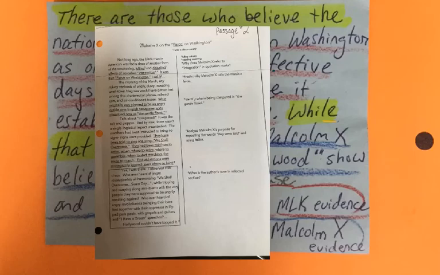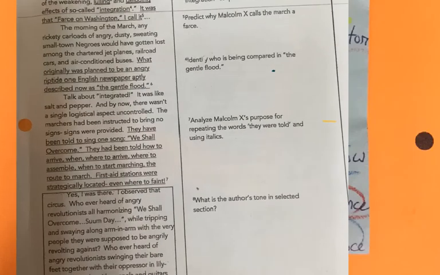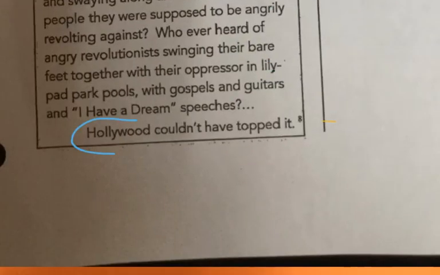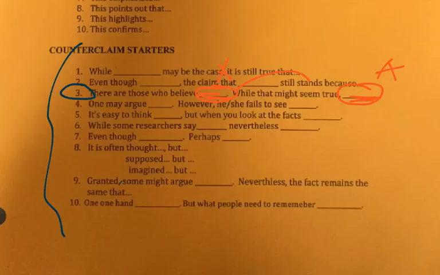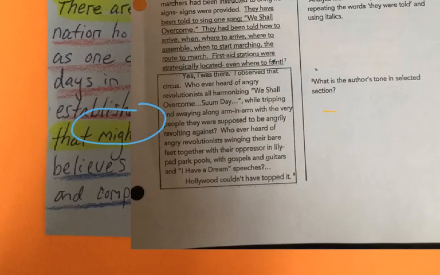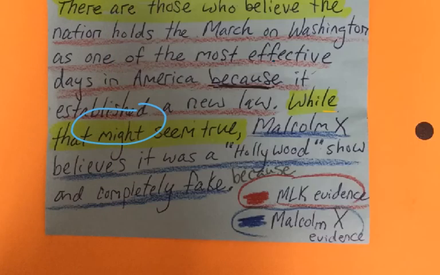If I get out my passage 2 article, clearly Malcolm X, down at the very bottom of page 1, says that Hollywood couldn't have topped this. So my evidence came through using that article, and I used that in my counterclaim.